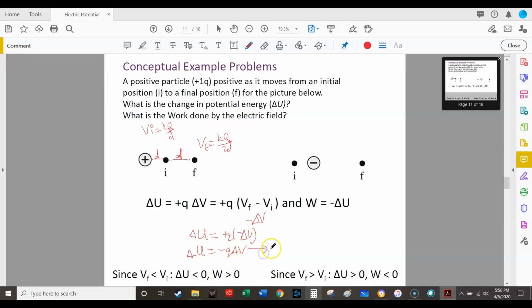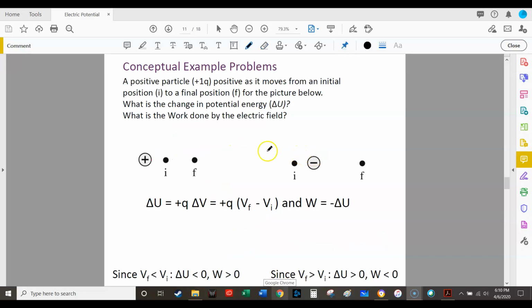Well, this means that work is going to be equal to a negative, and if delta U is negative Q delta V, well, that is going to be positive Q delta V. And so this work is now going to be positive in moving a positive charge from I to F. I had to find a way to delete those markups, and the only way I knew how was to close out the document and then restart it. So again, the electric field is doing positive work in moving a positive charge from I to F.